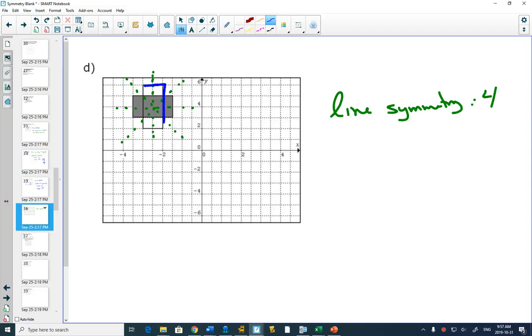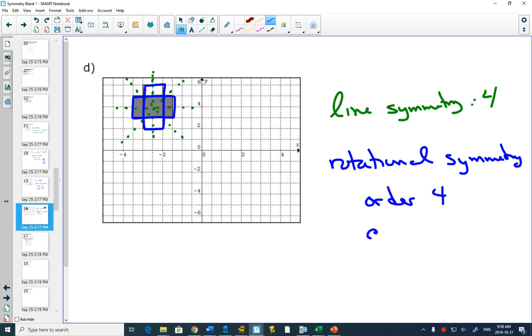Check our rotational symmetry. Count them the times they match up. 1, 2, 3, 4. So the order is 4.